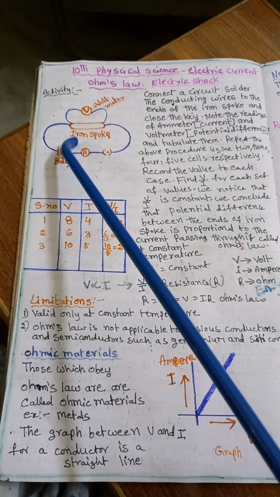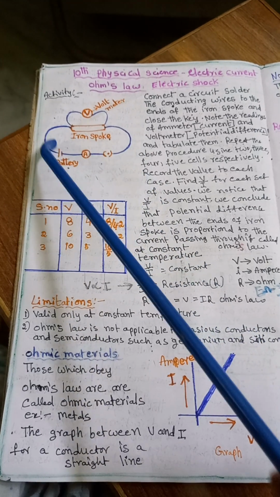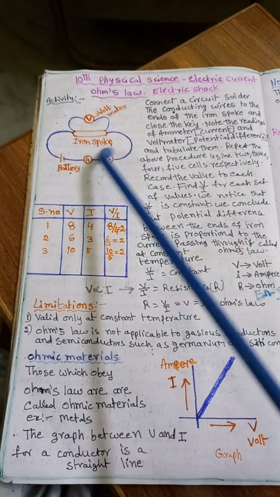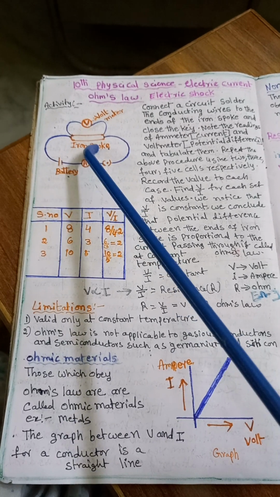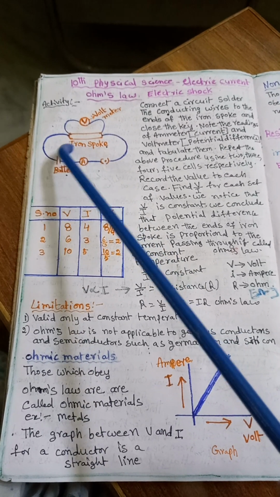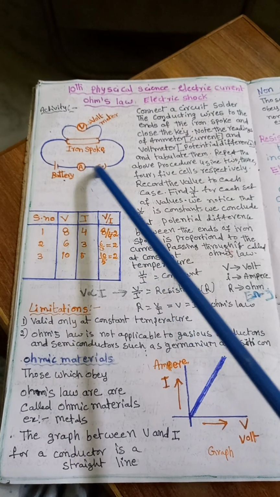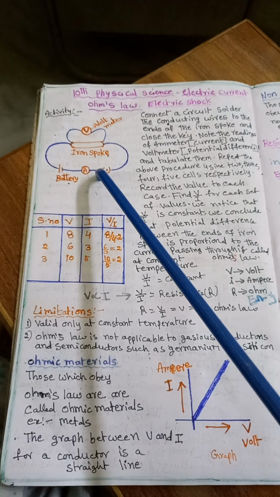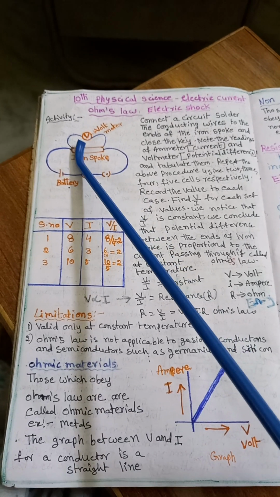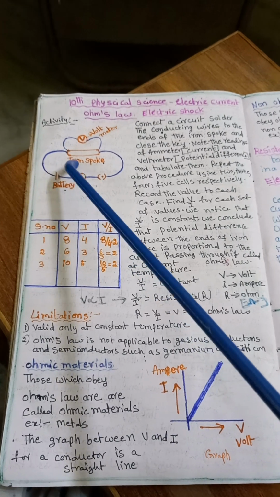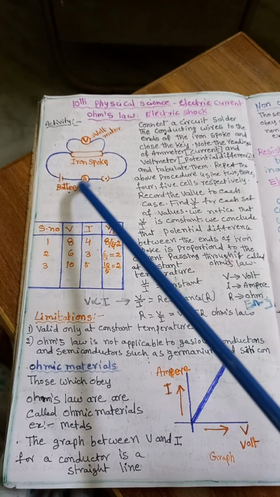So here connect the circuit. All these are called a circuit. Circuit means the iron spoke connected with wire and a battery, and the key is also used here to switch off and on, and the voltmeter is also attached to the circuit, and A means ammeter.